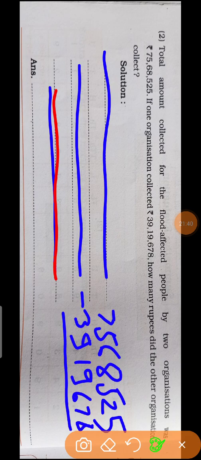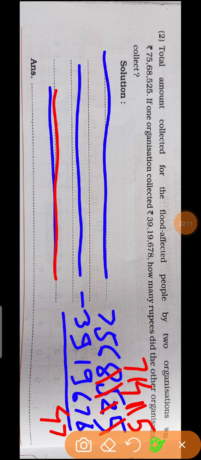Now let's solve this. 5 minus 8 is not possible, so here is the borrow. 15 minus 8, 7. Here is the 1. 1 minus 7, it's not possible, so here 4, which makes 11. 11 minus 7, 4. 4 minus 6 is not possible, so here is the 7.